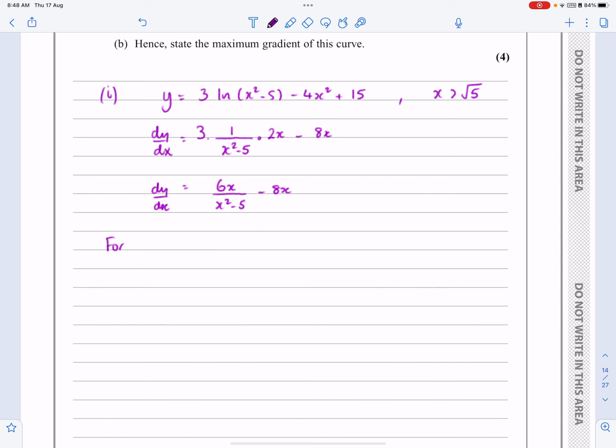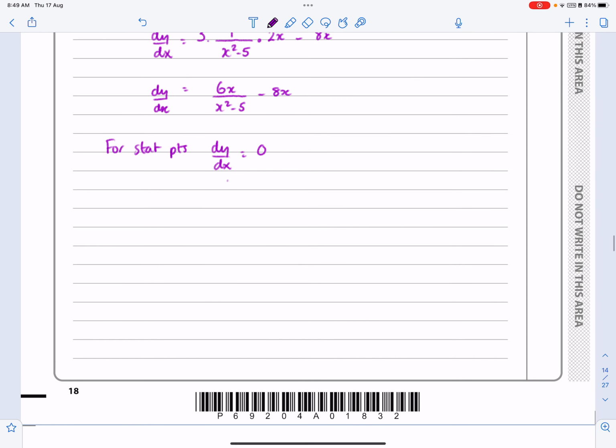And then for stationary points, dy by dx equals 0. So I'm going to get 6x over x squared minus 5 minus 8x is going to be equal to 0. Let's multiply throughout by x squared minus 5.